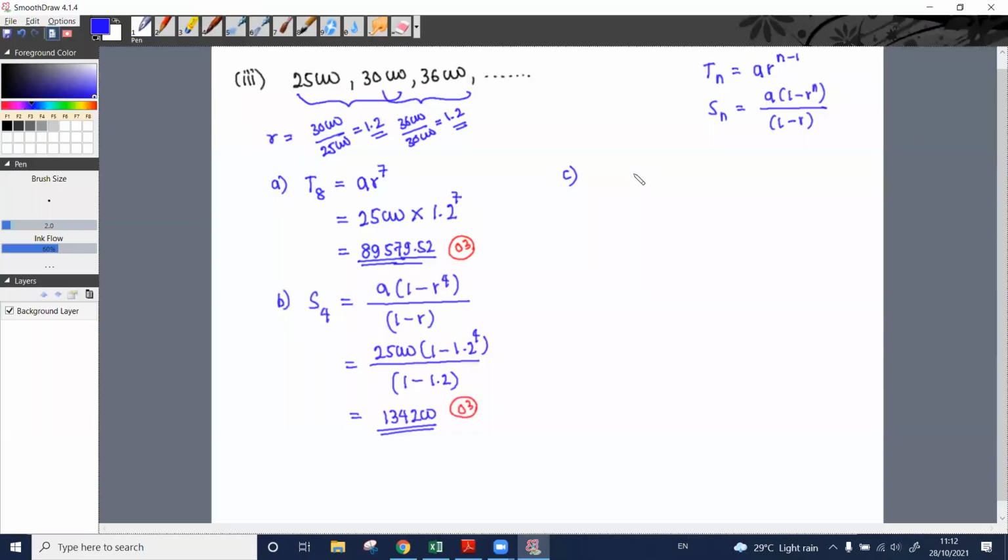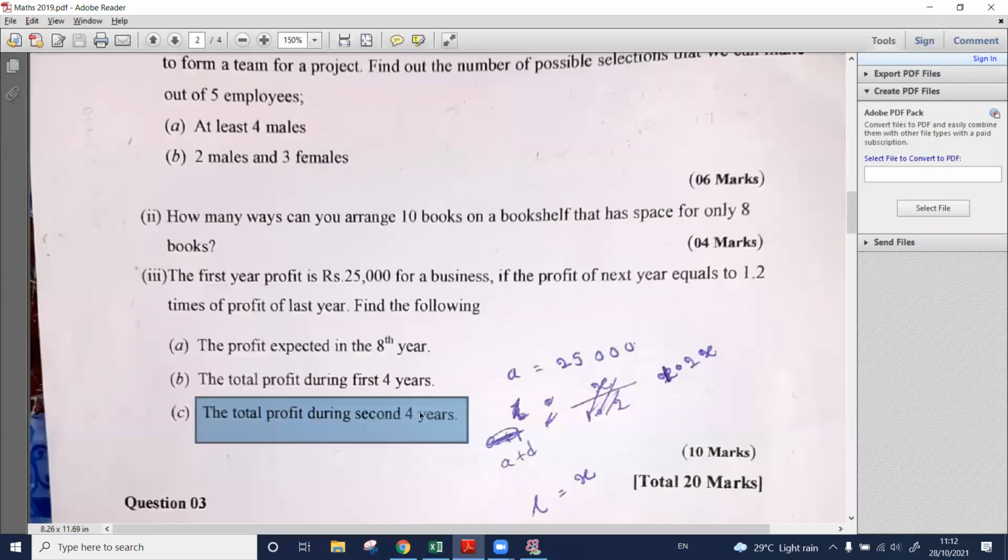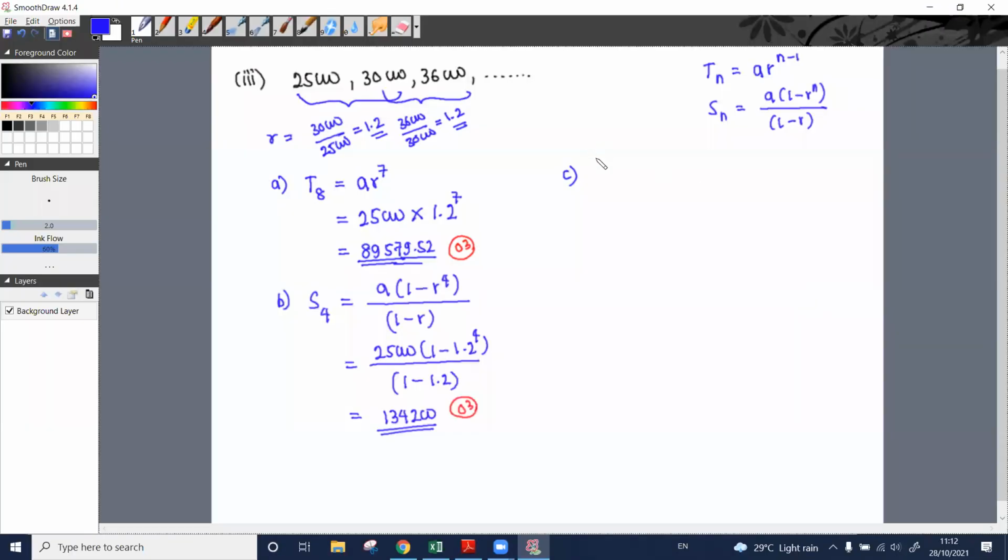Sum of first n terms. Second 4 years, right?